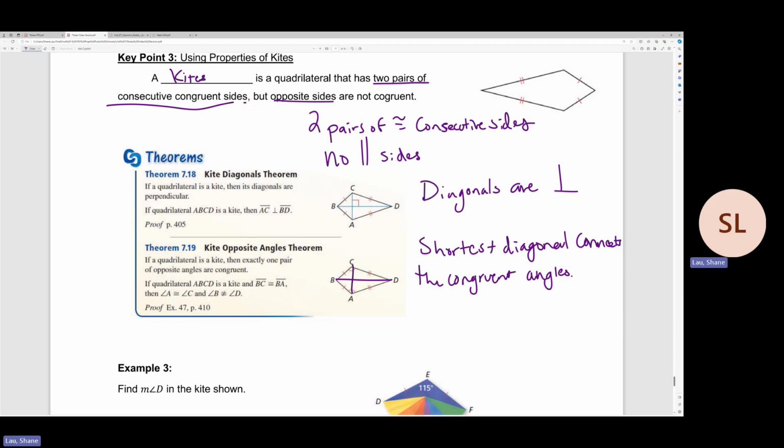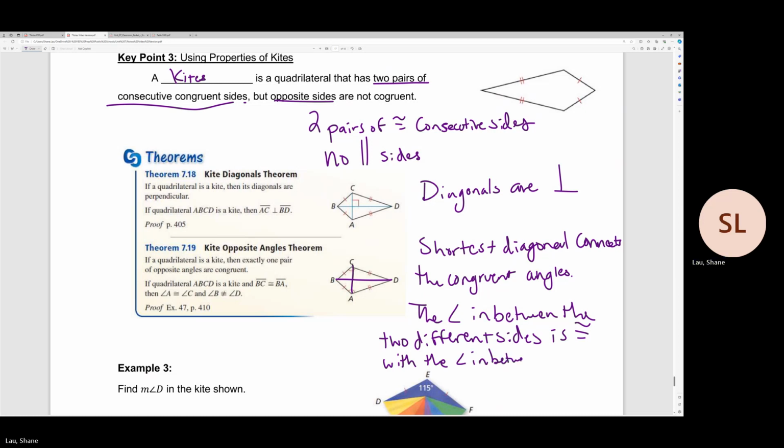But you could say: angle in between the two different sides is congruent with the other angle in between the two different sides. Okay. And I was writing that, and it feels kind of counterintuitive to say.